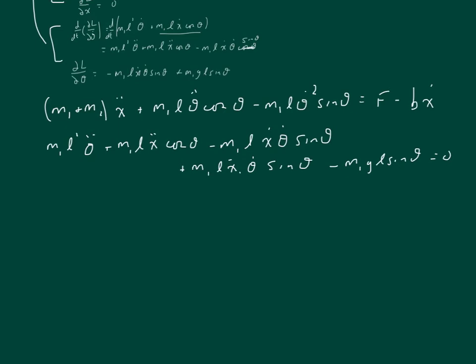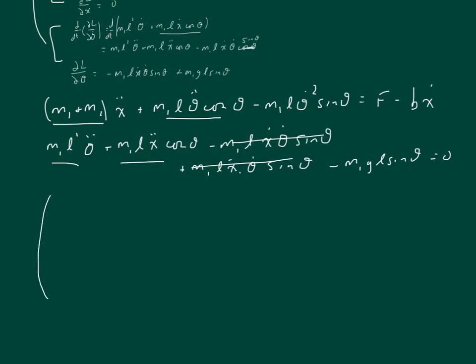Notice that that term cancels with that term, and then what we're going to do is combine the four terms that have double dots in them into a matrix.